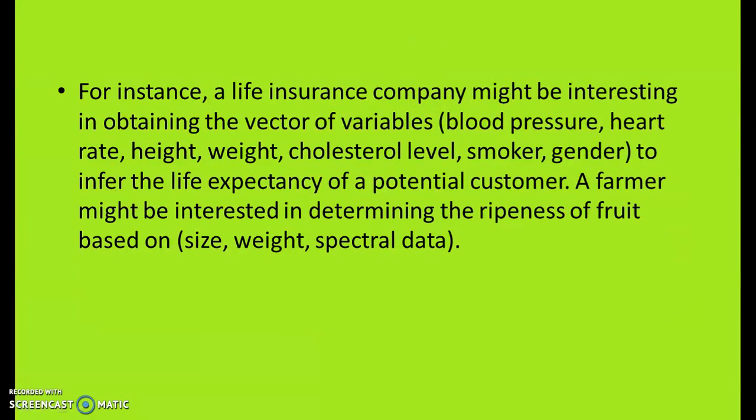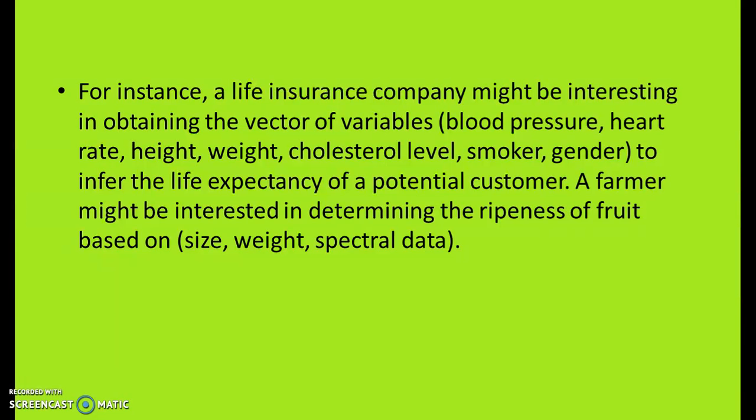For instance, a life insurance company might be interested in obtaining the vector of variables: blood pressure, heart rate, height, weight, cholesterol levels, smoker, gender, to infer the life expectancy of the potential customer. A farmer might be interested in determining the ripeness of fruit based on the size, weight, spectral data.